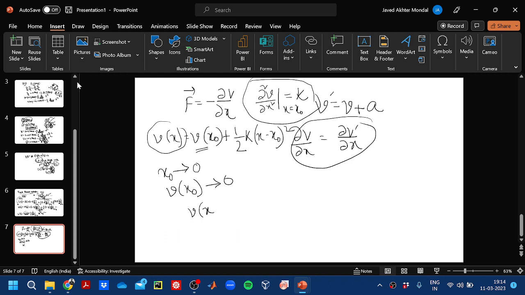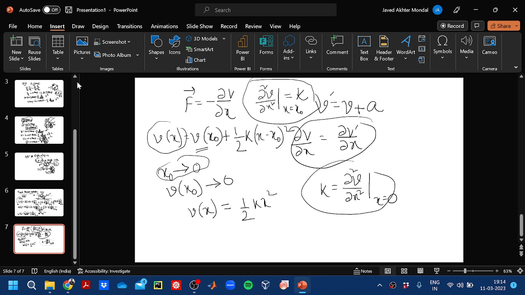So we finally have one half k x squared, where k is del2V/delx2 evaluated at x equal to 0, since we have considered x0 to be 0.